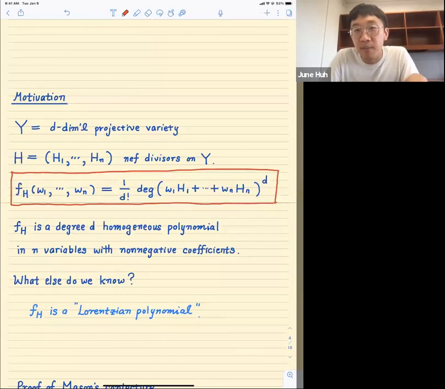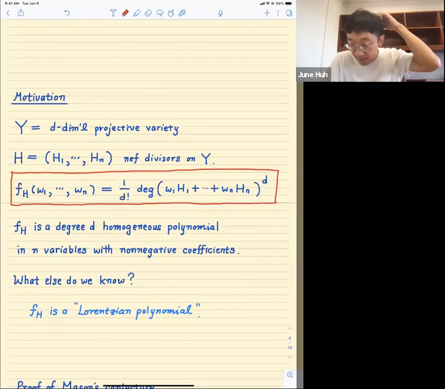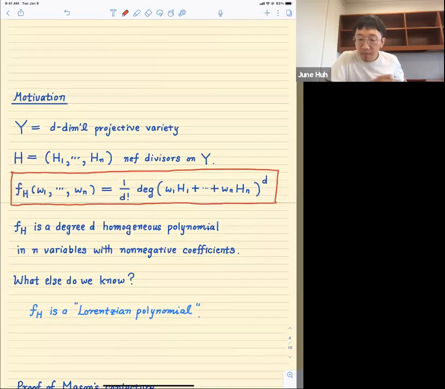Things tend to look better when you divide by d factorial. Not really relevant to the logical core, but let's just put it there. There are obvious things that you immediately notice about FH, namely that it is a degree d homogeneous polynomial in n variables, w1 to wn, and it has non-negative coefficients because I'm assuming that all my hi are nef.